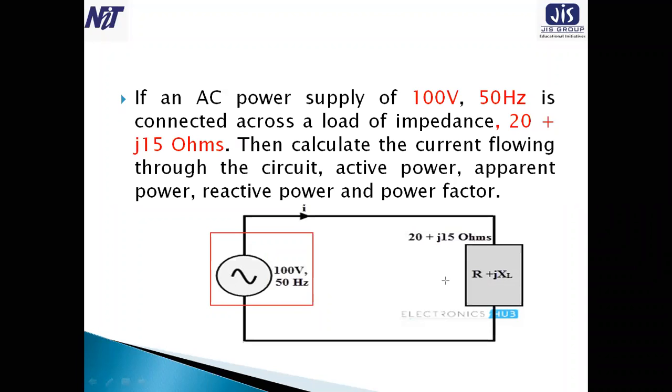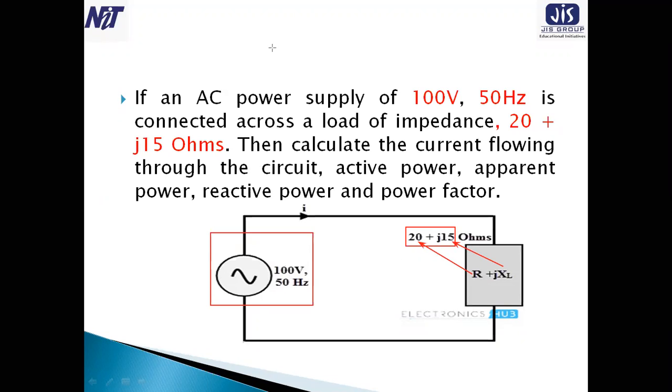Then impedance Z equals R plus jXL, inductive load, XL inductive reactance, and the value is 20 plus j15. That means R equals 20 and XL equals 15.